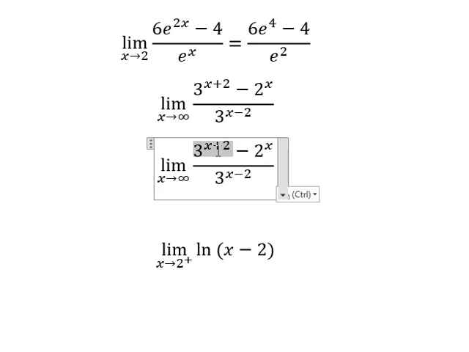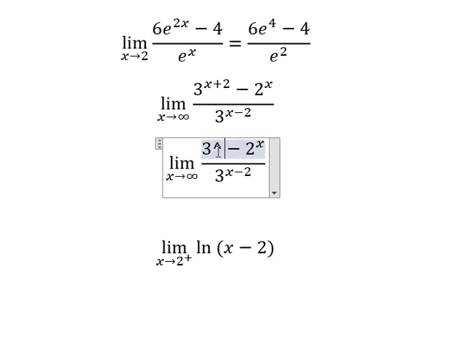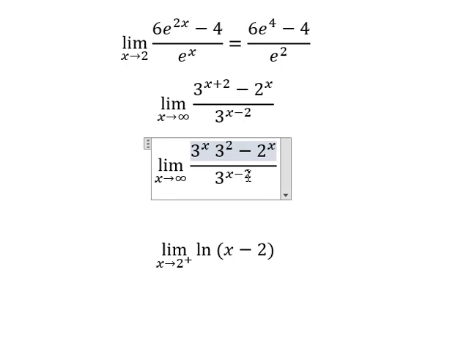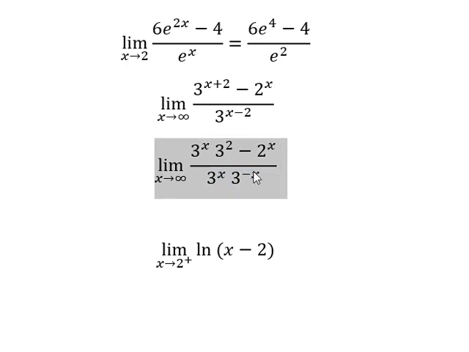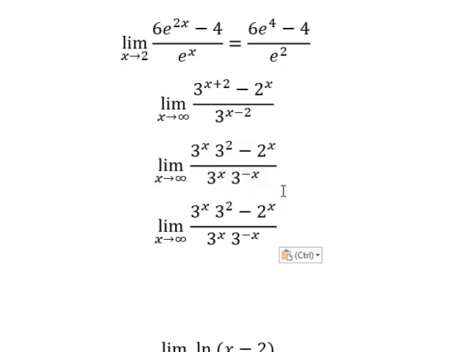This one we can put 3 to the power of x, 3 to the power of 2. Similar for this one. Next, we divide by 3 to the power of x because this is about the highest base in here.